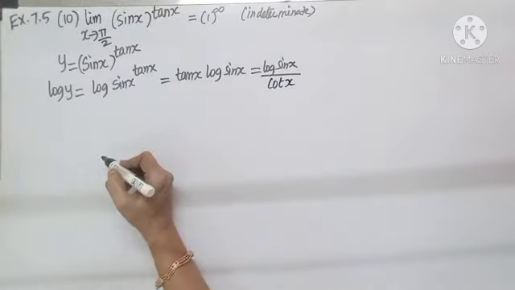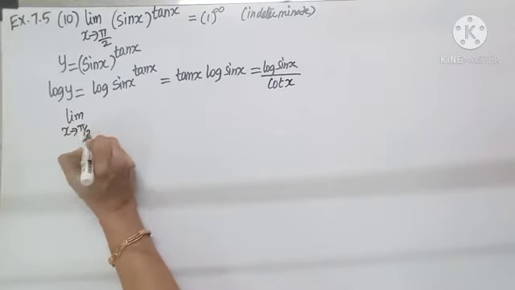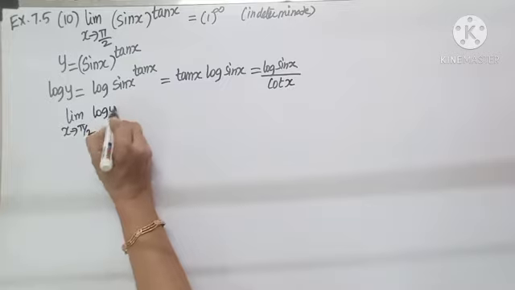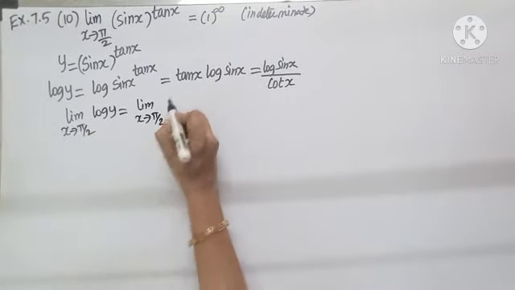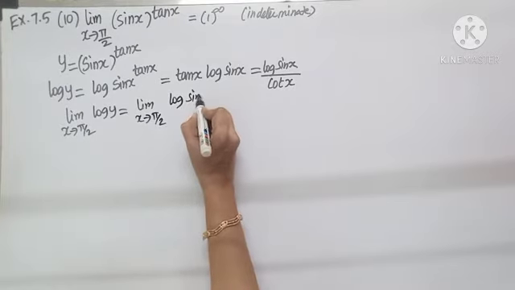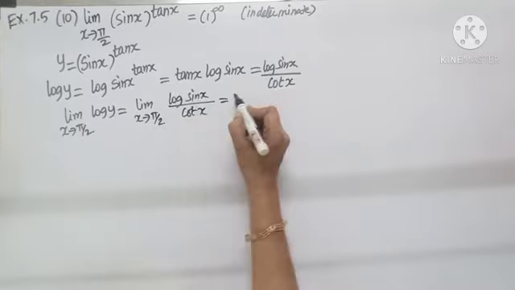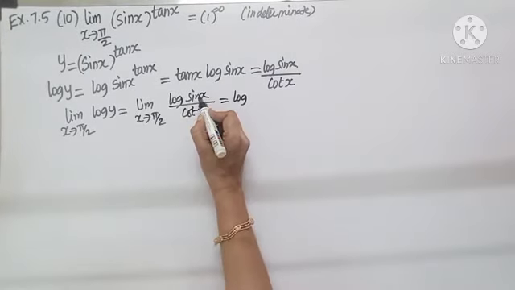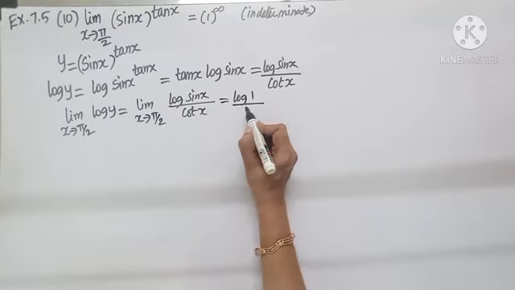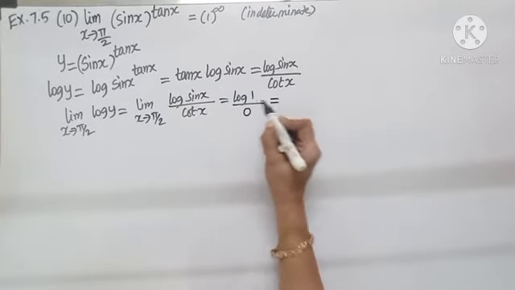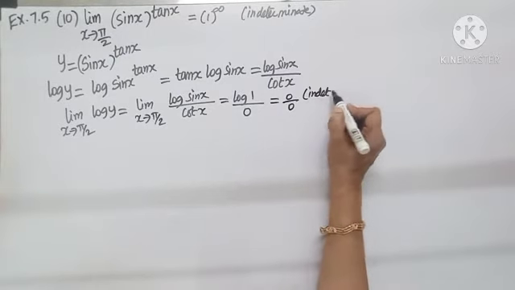As I want to put the limit, x tends to pi by 2 log y is limit x tends to pi by 2 log sin x divided by cot x. As I substitute, it is log sin 90 is 1, by cot 90 is 0. Log 1 is 0, so 0 by 0, which is indeterminate form.